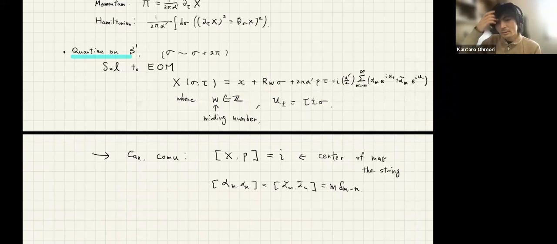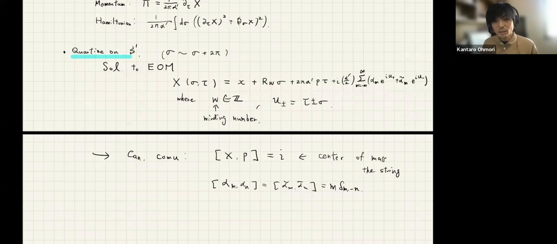The x_p and alpha tilde are, before consideration, just continuous real numbers, but this w is quantized. It should be valued in Z.